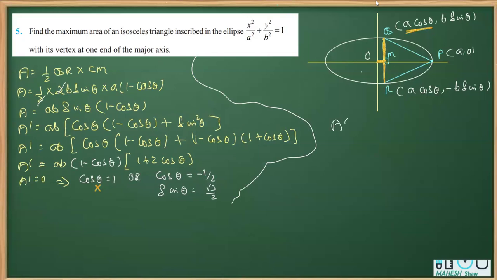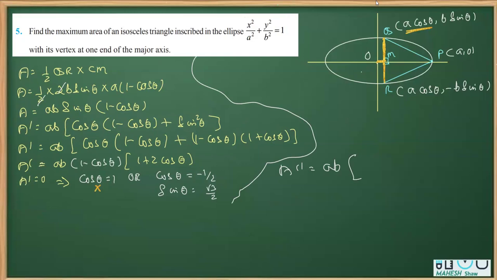So A double dash is AB. From here only, I'm going to apply product rule.